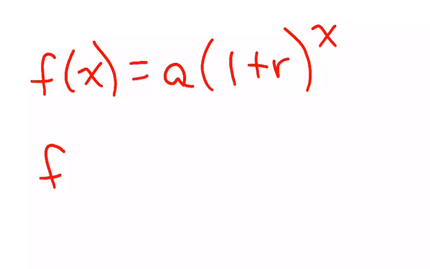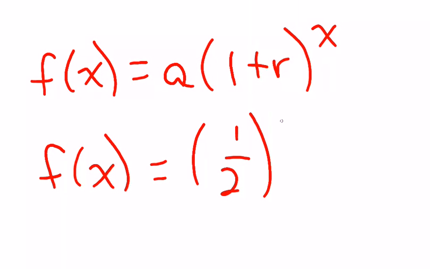For example, if I had f of x equals 1/2 to the x, then this would be exponential decay because the base of the exponent is between 0 and 1. Otherwise, if it's a whole number, then it would be exponential growth.